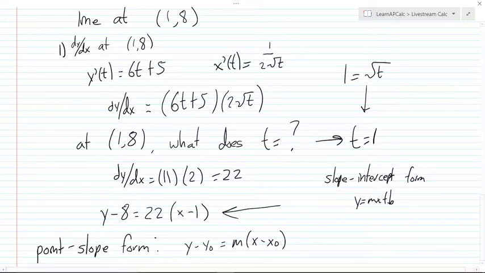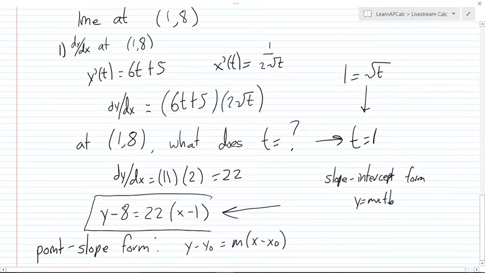So here, x naught is 1, so I just plug that in. y naught is 8, plug that one in. And our m we got from dy/dx, 22, plug that in. And so this right here is our answer.